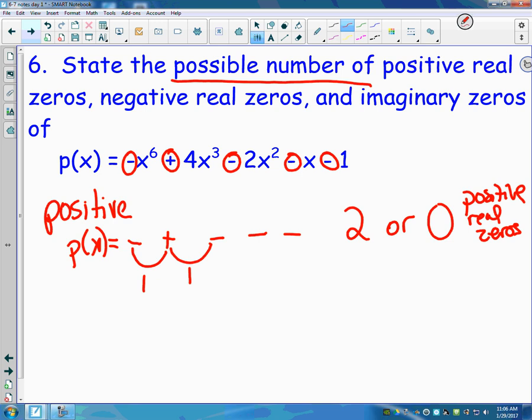All right? So then what does Descartes' rule of signs say for possible negative real zeros? Well, for negative real zeros, they want us to plug in a negative x. Now, this doesn't mean you should actually have to go in and do this. You should be able to use your rules of exponents to think about it. If I take a negative number and I take it to an even exponent, is that going to change the sign, or is that going to leave it the same?